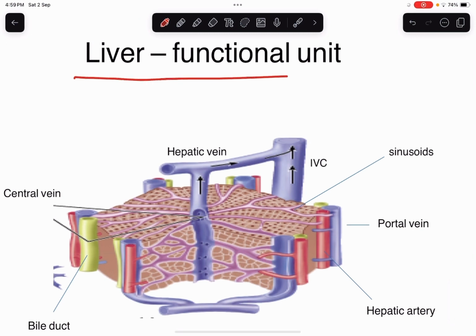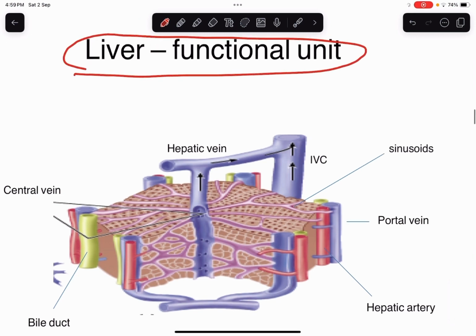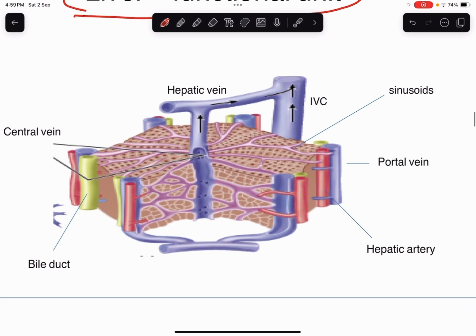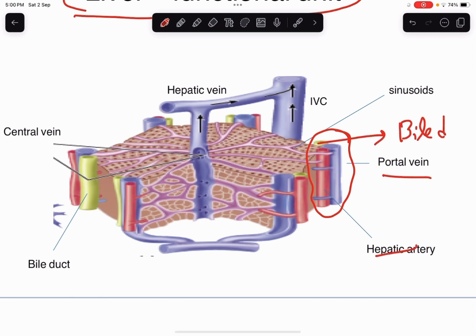Just look at the functional unit of the liver. The functional unit of the liver is a hexagonal lobule, the periphery of which contains the portal triad. It is formed by the portal vein, hepatic artery and the bile duct. These three form the portal triad.